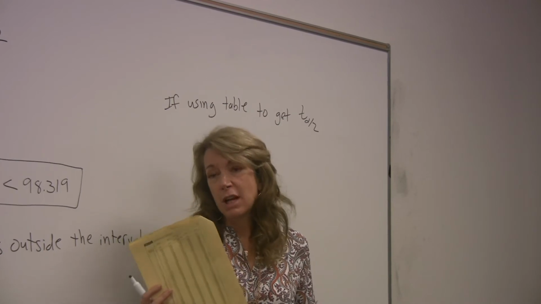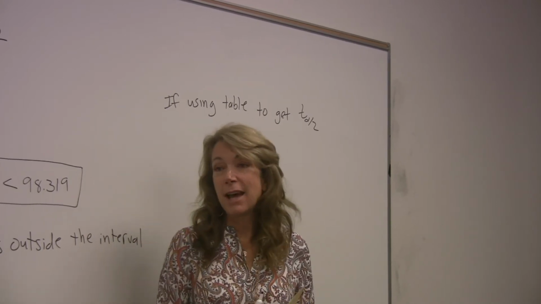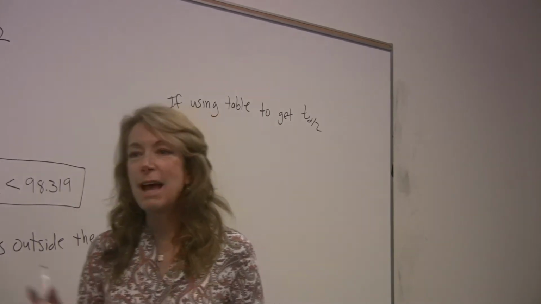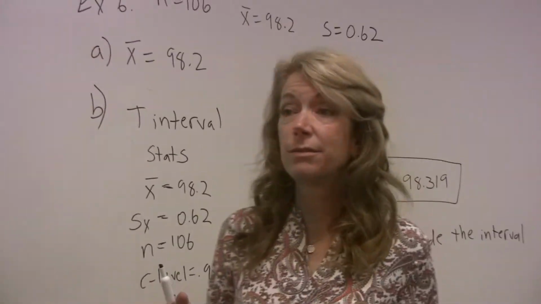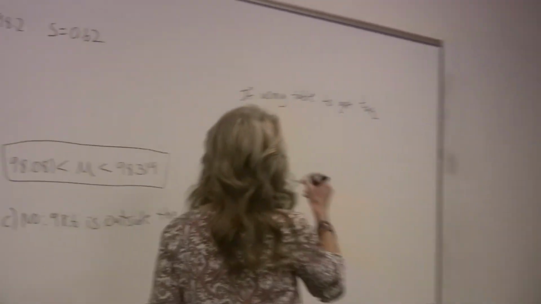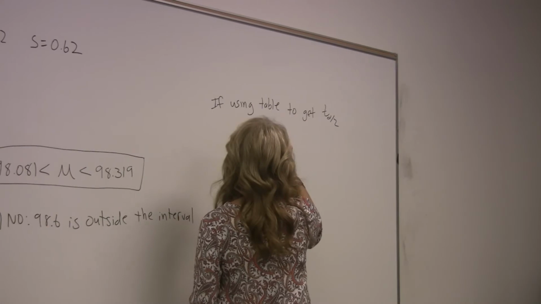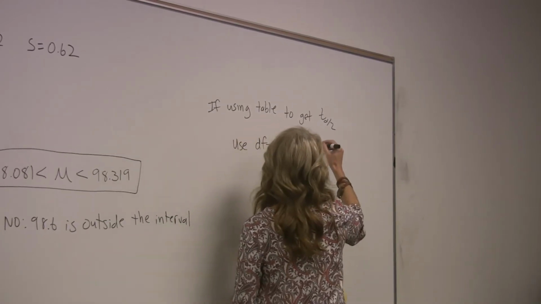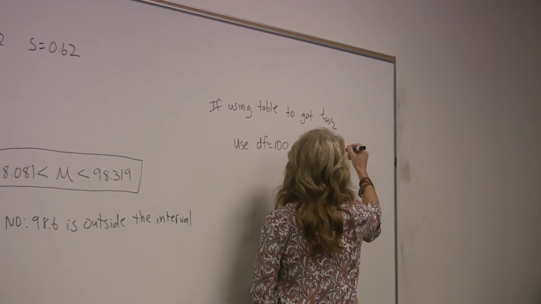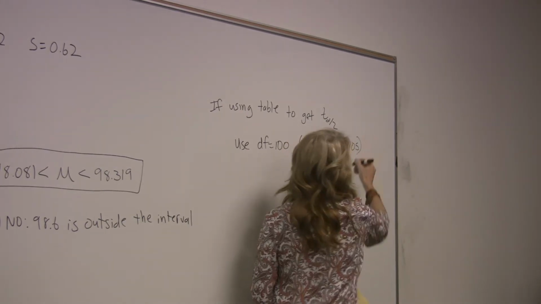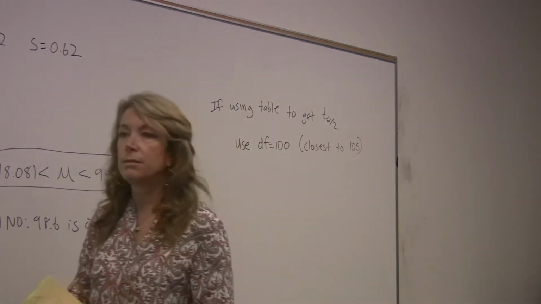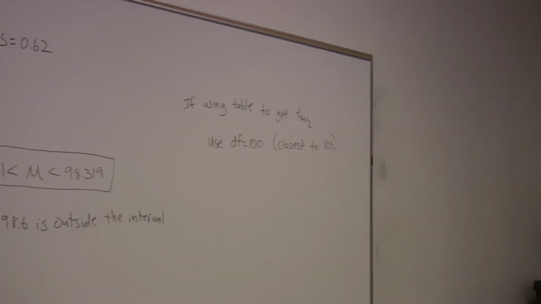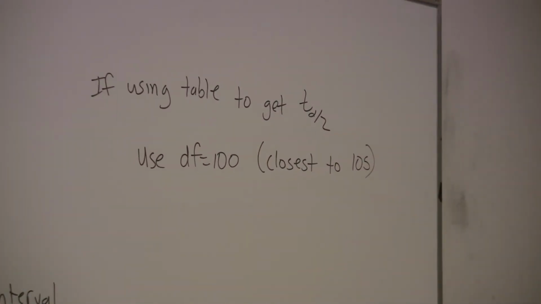So in your case, you would use 100. The table's never going to be as accurate as the calculator. That'll happen quite a bit more in chapter 8. We have to use degrees of freedom equals 100 because it's closest to 105. Did you get it now, Hector? Yep. Okay.